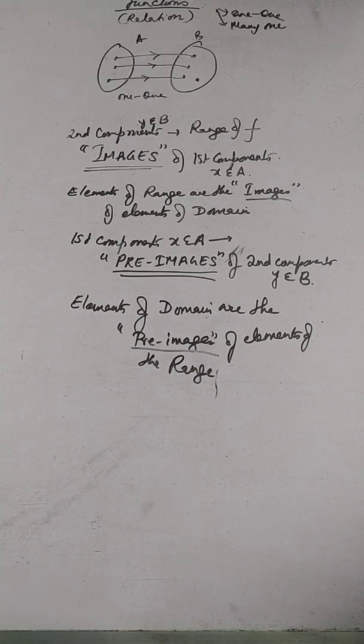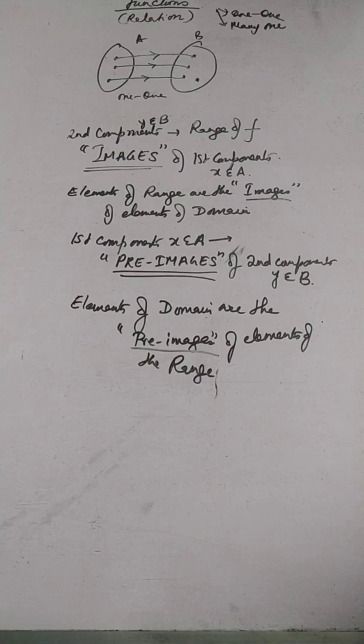The first components, alternative term, first components and the second component. So basically, you will be asked to find the domain of a function or the range of a function, or you can say they are the images and pre-images of the function.